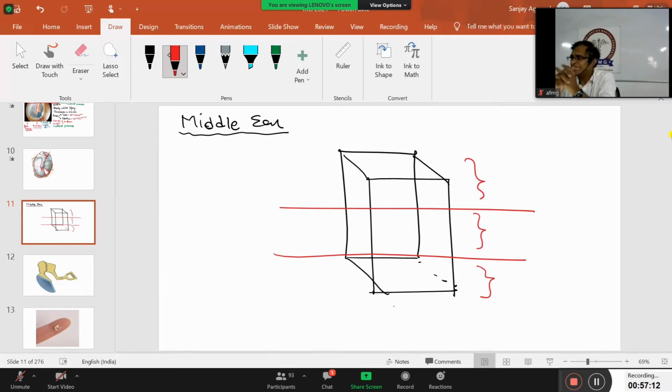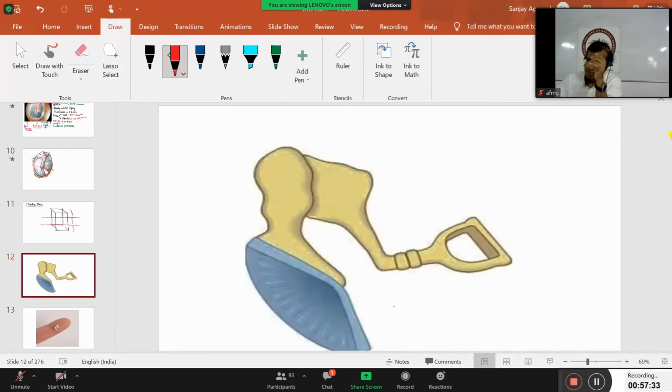And what is the main content of the middle ear? What is the main thing inside the middle ear? Ossicles. How many ossicles? 3 ossicles. What are they called? Malleus, incus, stapes. The ossicles look like this. This is malleus, the first ossicle.